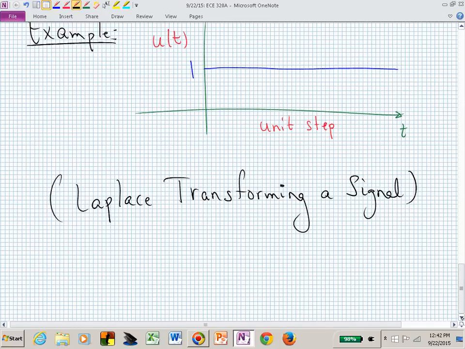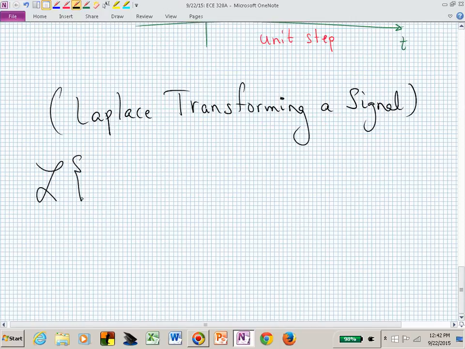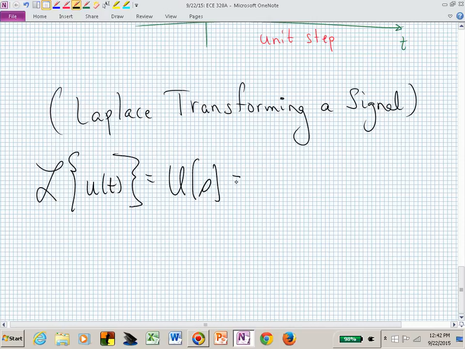If we now follow our notation, we now want to Laplace transform u of t, which we can also call capital U of s. That's this integral from t equals 0 minus to infinity of u of t e to the minus st dt.